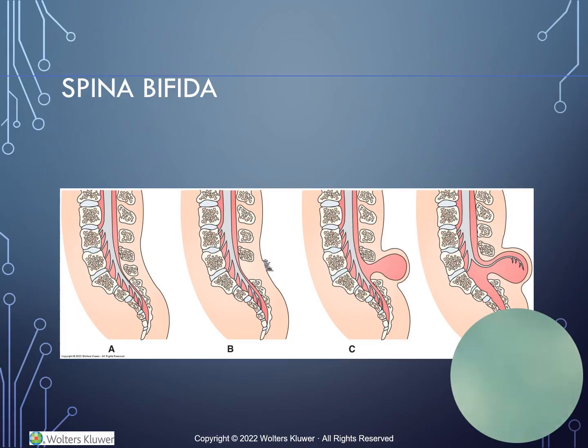Spina bifida is caused by a defect in the neural arch, generally in the lumbosacral region, and it may be associated with protrusion of the spinal meninges and spinal cord due to failure of the vertebrae to close.